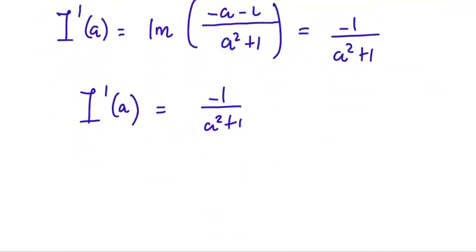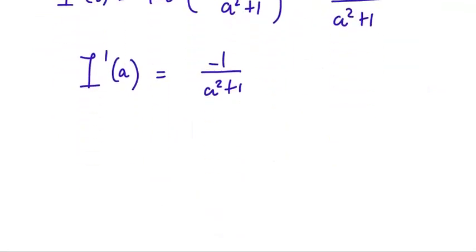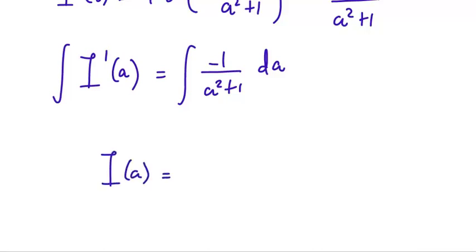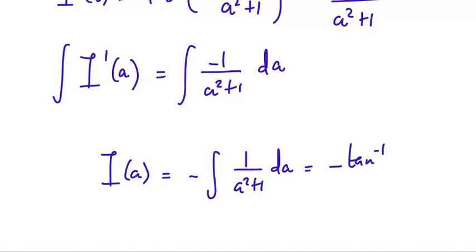Now, we're going to integrate both sides with respect to a. If you integrate the left-hand side, we need to integrate the right-hand side. So for the left-hand side, that will give us just I of a. So this is going to be equal to negative the integral of 1 over a squared plus 1 da, which is going to give us negative inverse tangent of a plus c.